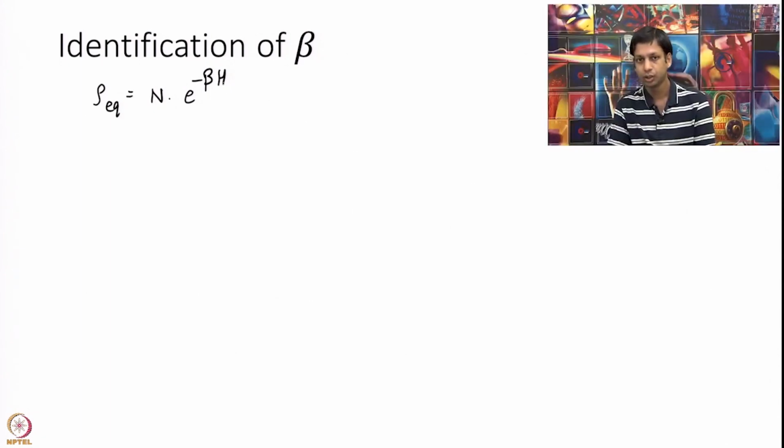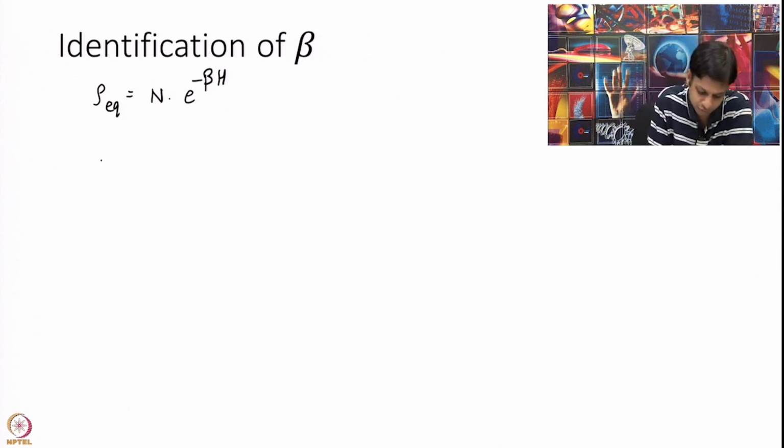So far what we have got is rho equilibrium is N into e to the power of minus beta H, where beta is a constant so far. I have not specified what beta is, but this particular rho equilibrium might be reminding you of something very specific.